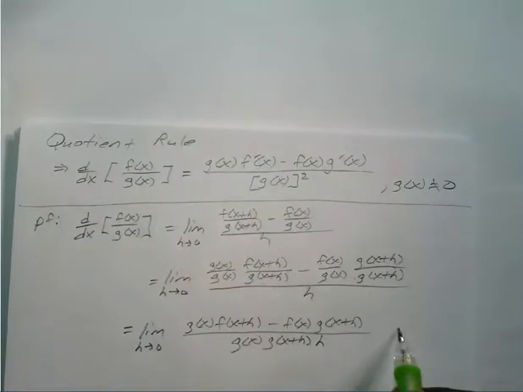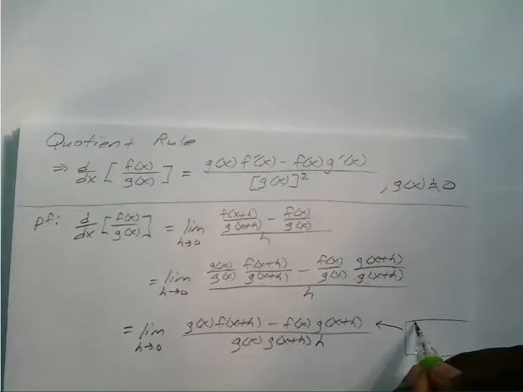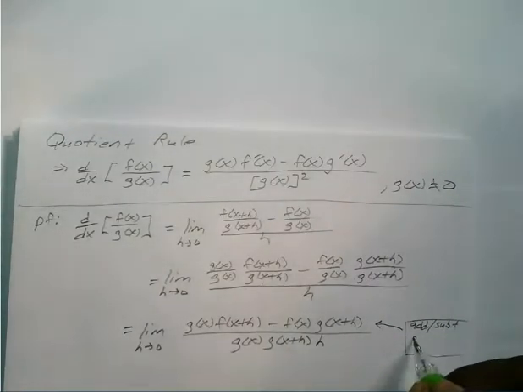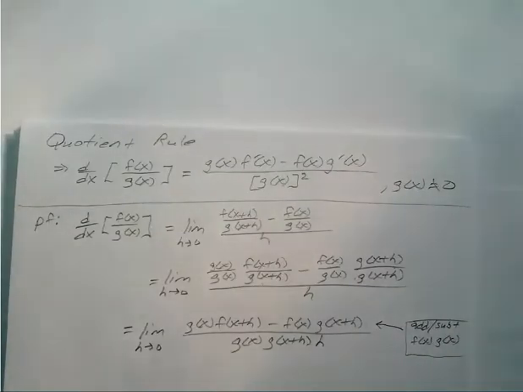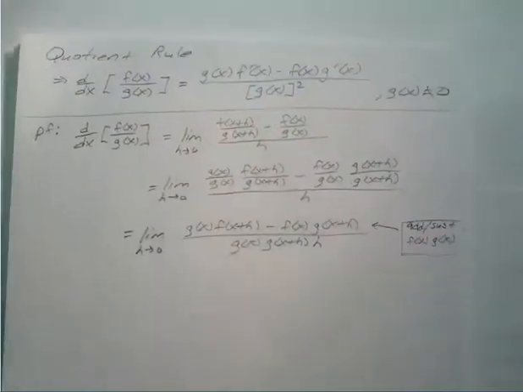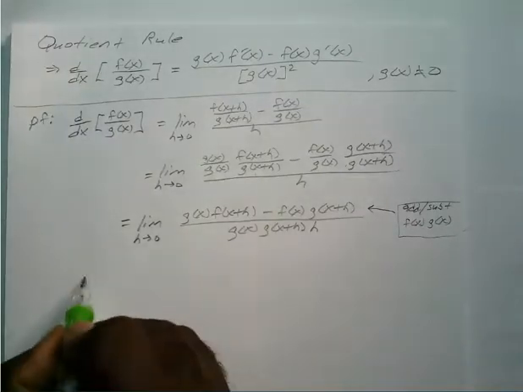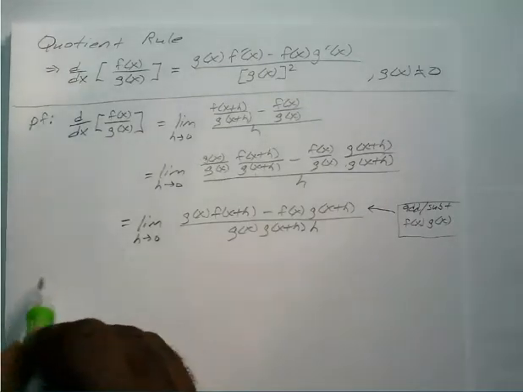Alright, so again, just a little bit of manipulation. We're going to add and subtract f of x times g of x in our numerator. Alright, so let me move this up a little bit. Move that equal over so it's not squeezing everything in.